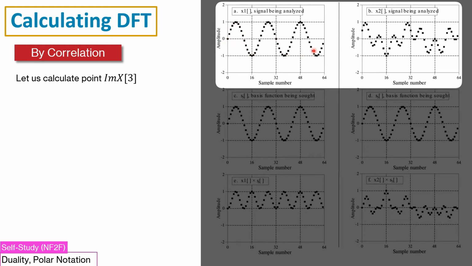This is a sine wave which is completing its 1, 2 and 3 cycles within 64 points, 0 until 63. There is no 64th point here. So the total number of samples is 64. So this is a sine wave which is completing its 3 cycles in 64 samples.